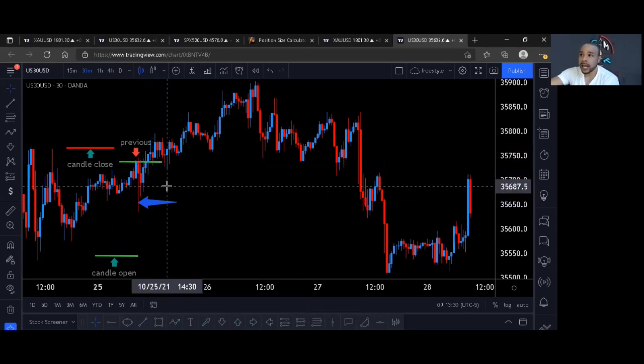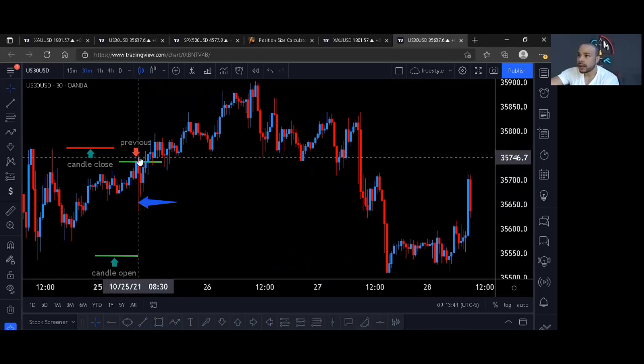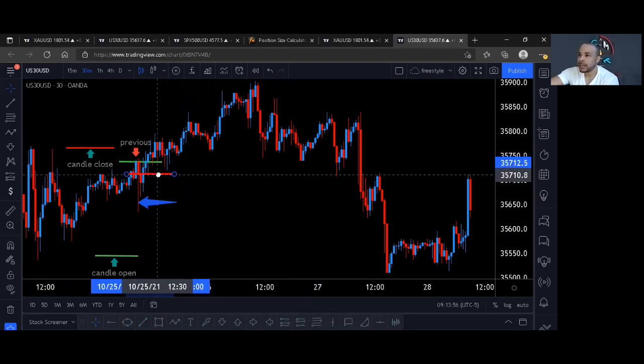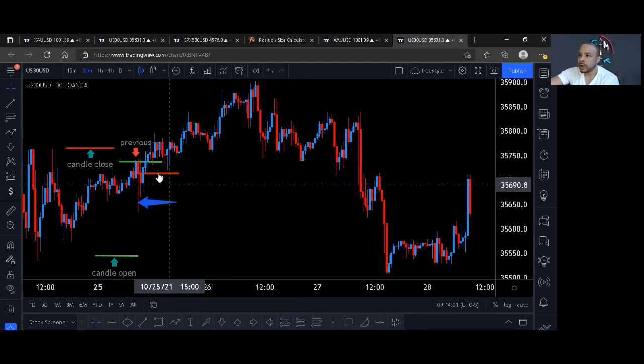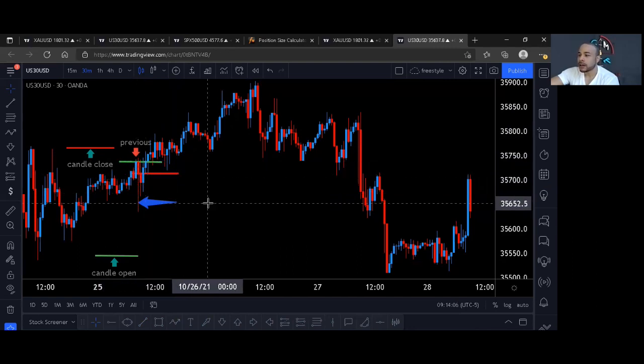Once that candle opened, we can see that the candle made a high, which is that wick there. And then the candle made a low, which is this wick here. Now we can look at where the candle closed when that time frame was up. When that time frame ended, the candle closed here. So now we have an open and a close of that one candle.